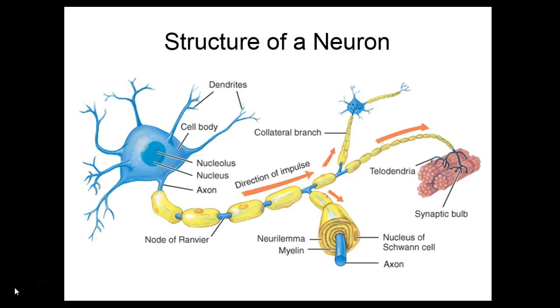The axon is covered by a myelin sheath, which facilitates the traveling speed of the impulse, and then the impulse will travel either to the brain, or in the case of a motor neuron, it will travel down to a muscle.